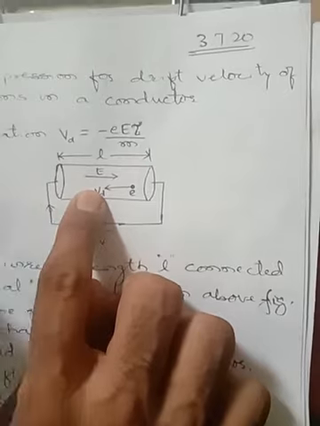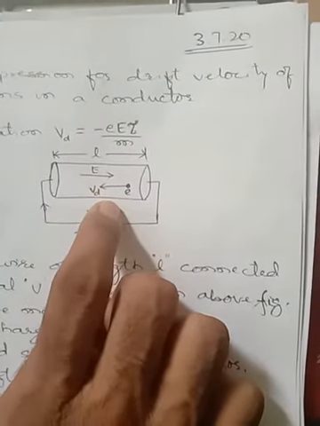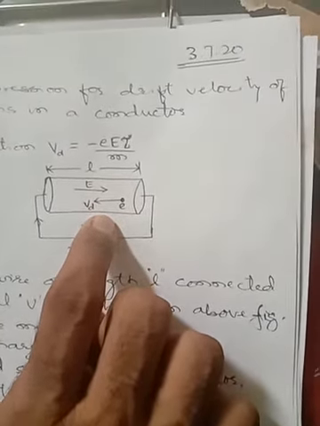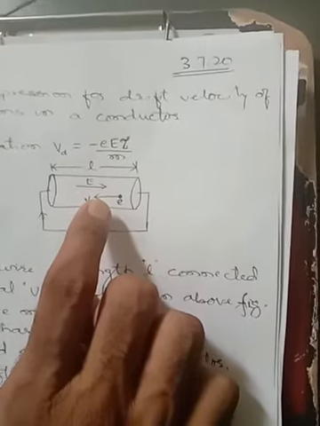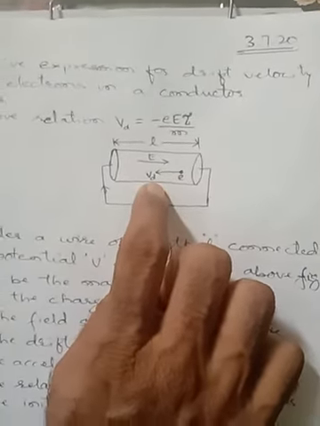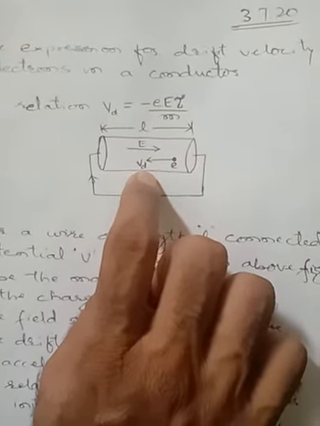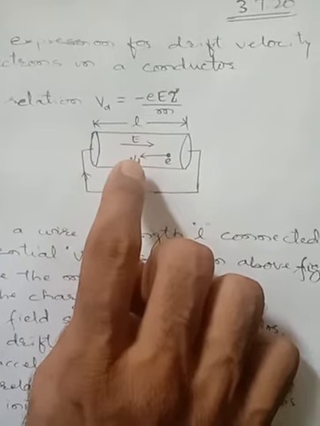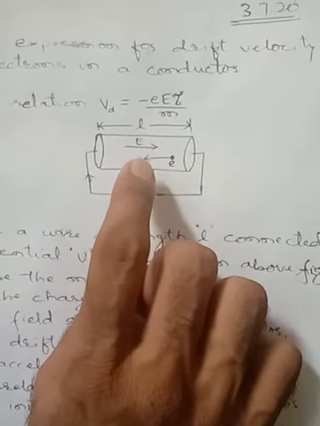But this drift velocity of the electron will be there in which direction? From negative terminal to positive terminal. So with this what we conclude? That electric field and drift velocity are in opposite direction to each other.